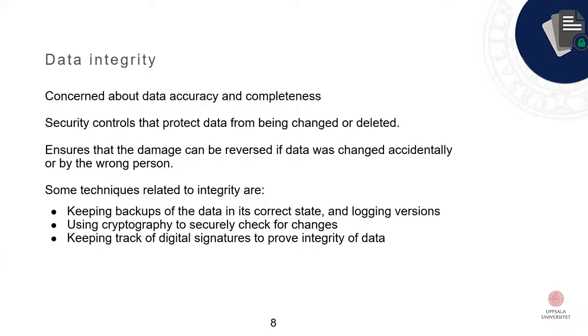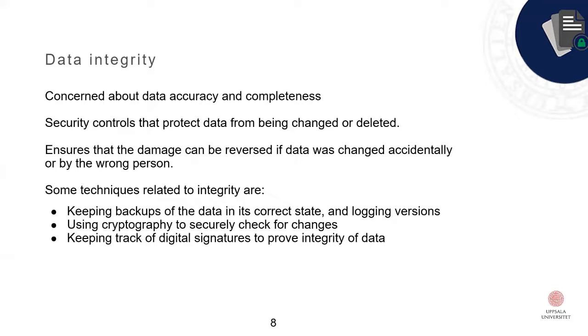There are some techniques for providing integrity. For example, keeping backups of data is one technique, and keeping a log of the different versions of the data, so that if we end up with a wrong version, we can go back to one of the previous versions that was correct.